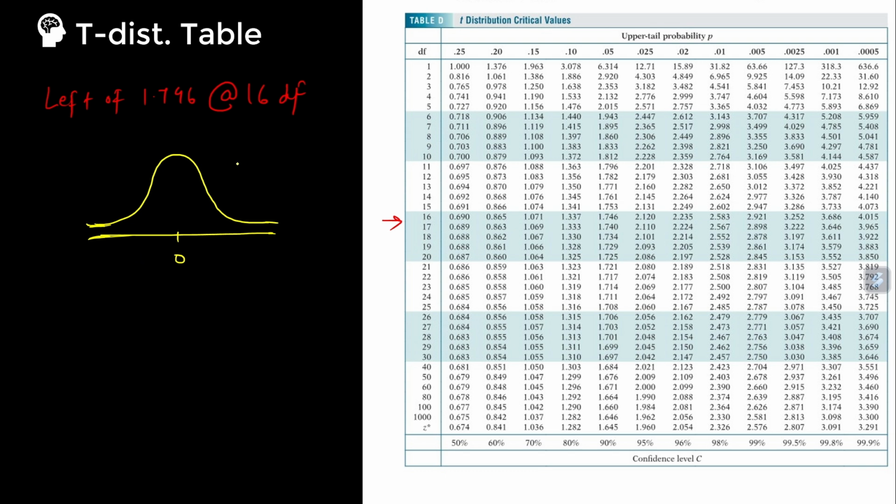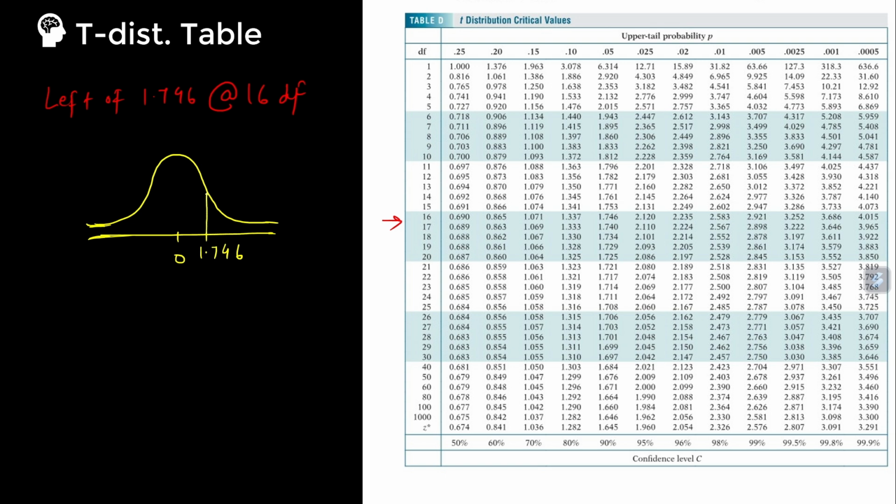For 16 degrees of freedom, our 1.746 lies somewhere over here.